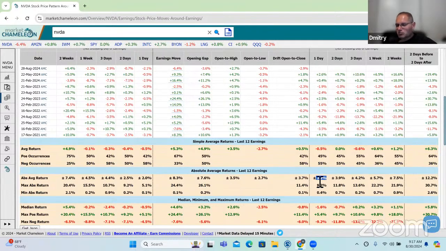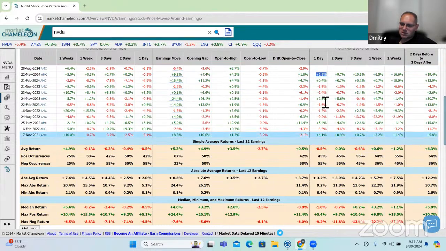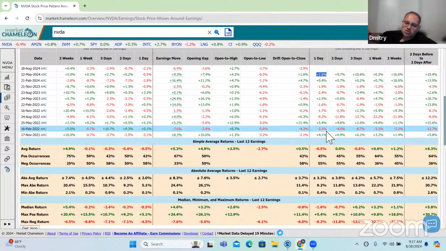What about the median move? So the median move is, if we took all these observations for a one-day move, and sorted them from highs to lows, and then looked right in the middle of the observations and asked, what is the number where half of them were below and half of them were above?